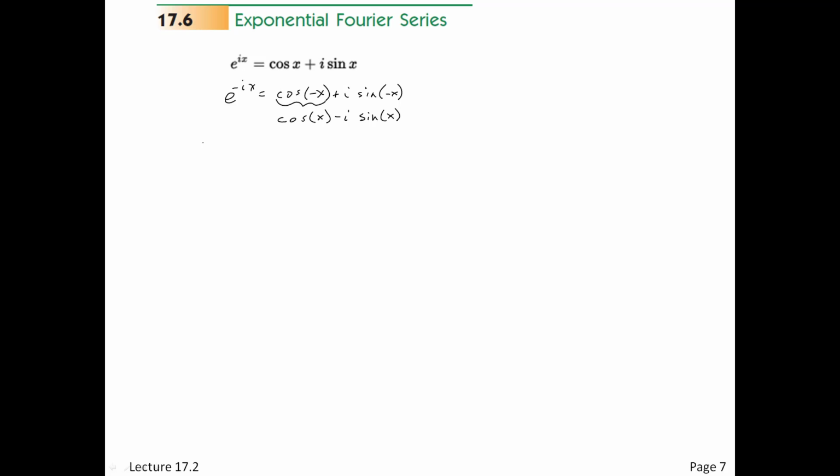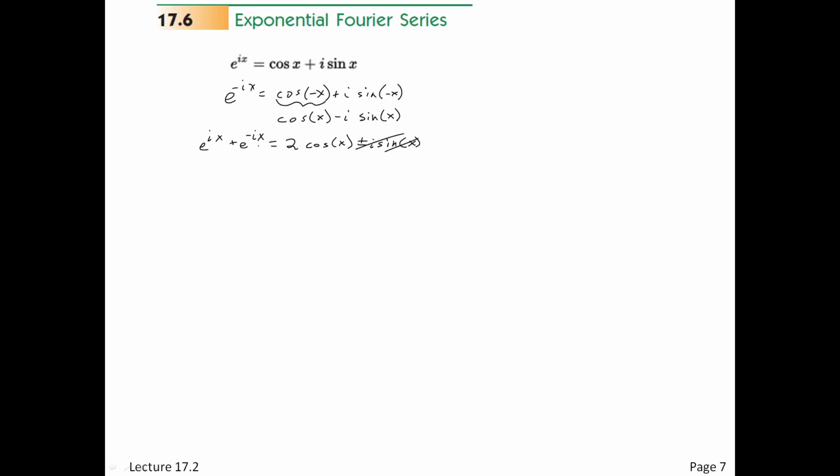Okay, so if I add e to the ix plus e to the minus ix, what do I get? I get cosine plus cosine, so I get 2 cosine of x, plus I sine of x, and minus I sine of x. It has them both. So the plus and the minus will cancel.